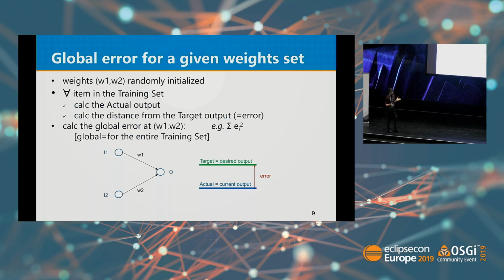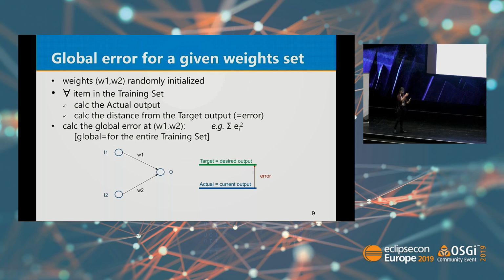We can start with random weights, and then take the first item from the training set and calculate the actual output. Then, since the weights were set randomly, most probably the current output will be different from the target output. So we have an error.